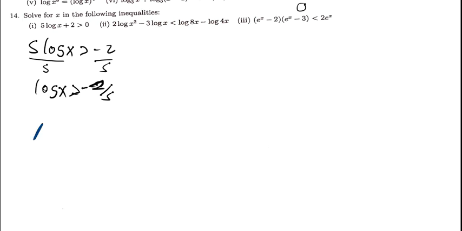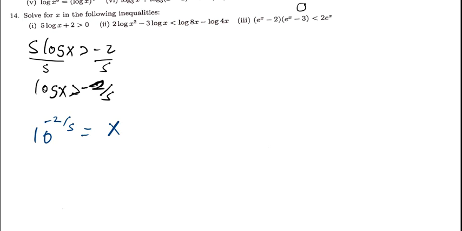Then I'm going to convert this to exponential, where it's going to be x. Sorry, it's supposed to be the base, which is 10. 10 raised to the power -2 over 5 is equal to x. So initially I'm supposed to say it's greater than x, but I'll come back because I have to use inequality.